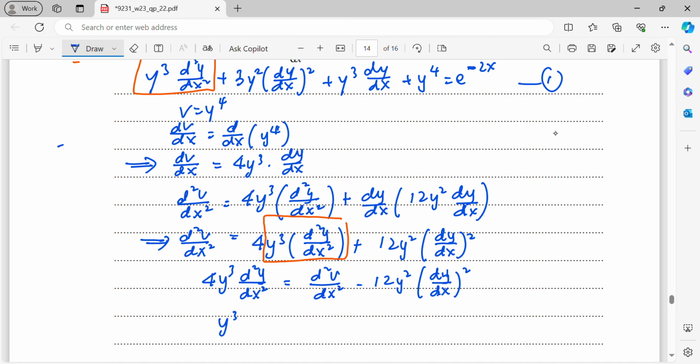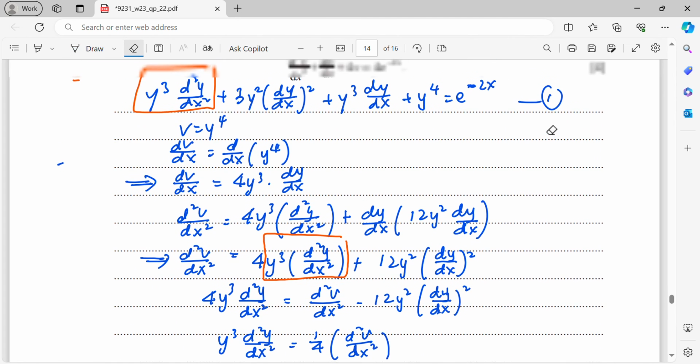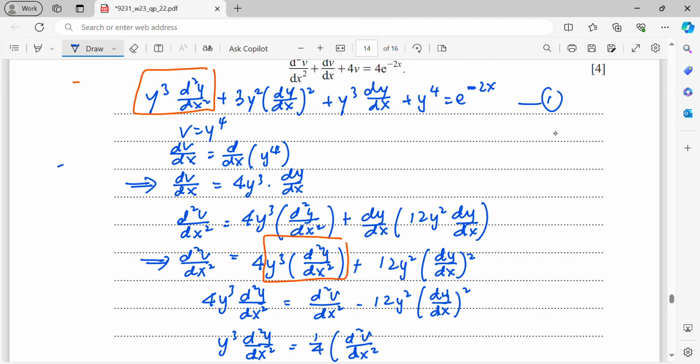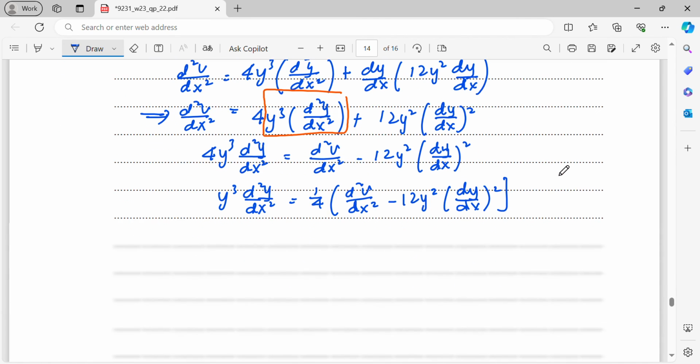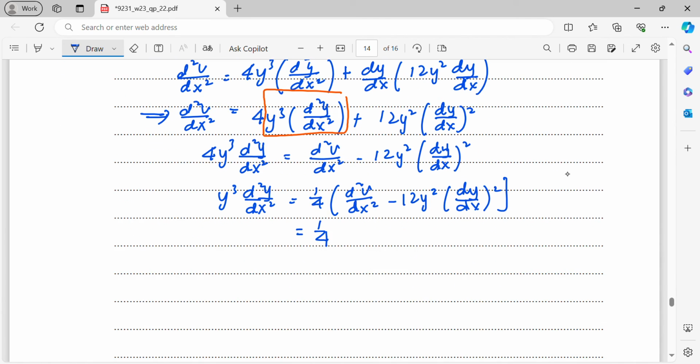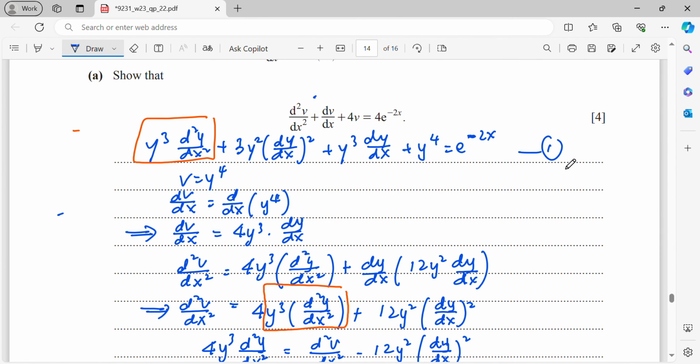Then now my y cubed d squared y over dx squared will be 1 over 4 of all of this. That means I will be getting 1 over 4 d squared v over dx squared minus 3y squared (dy over dx) squared.